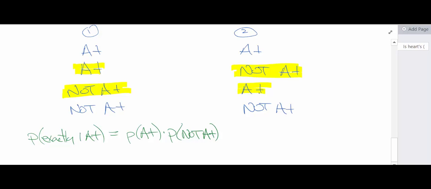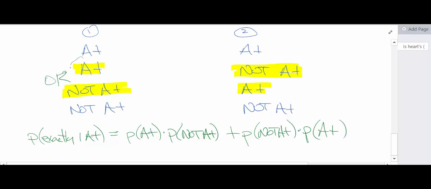The way this works is American 1 could be A plus and American 2 not A plus, so you multiply those probabilities. Or, and this is the or situation, American 1 is not A plus. So there's an or, and we put a plus sign. So the probability that American 1 is not A plus times the probability that American 2 is A plus.